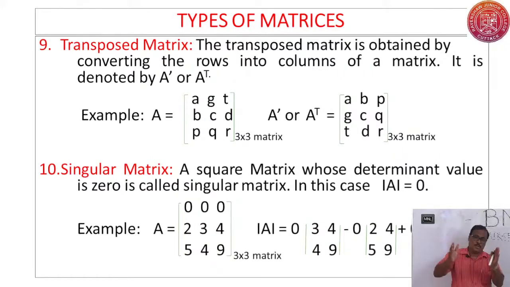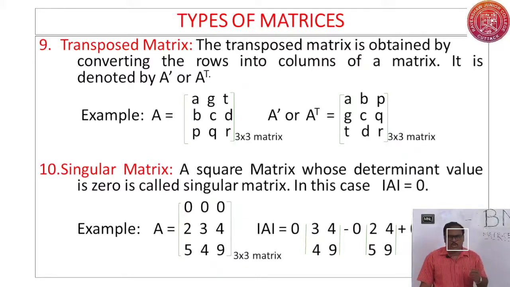If the rows of a matrix are converted into columns, the first row becomes the first column, the second row becomes the second column, and the third row becomes the third column. In the example given, the first row is AGT, the second row is BCD, and the third row is PQR.